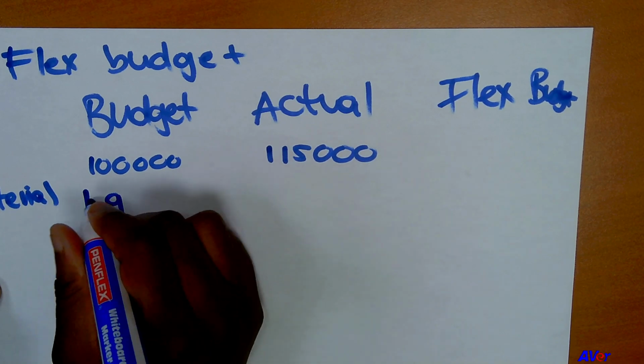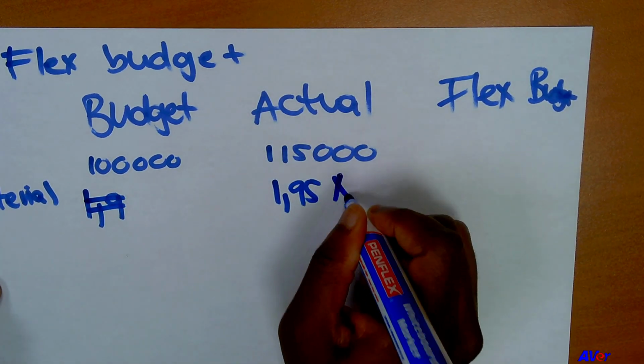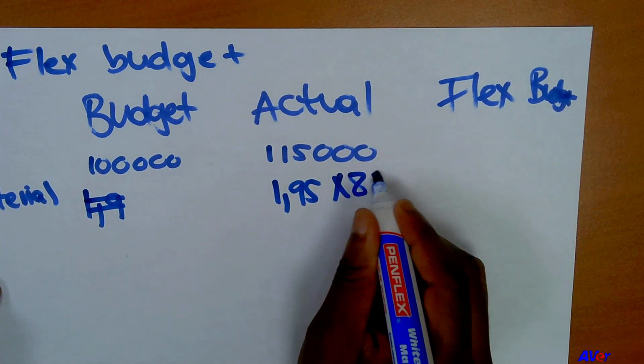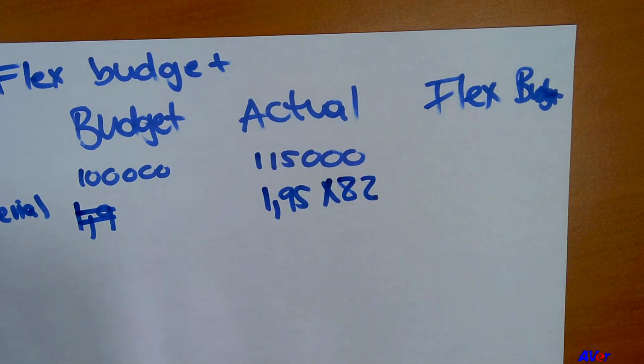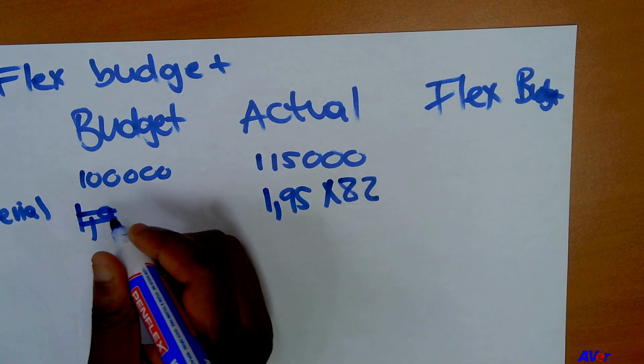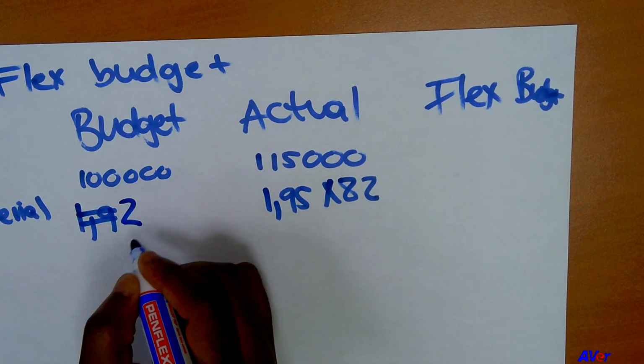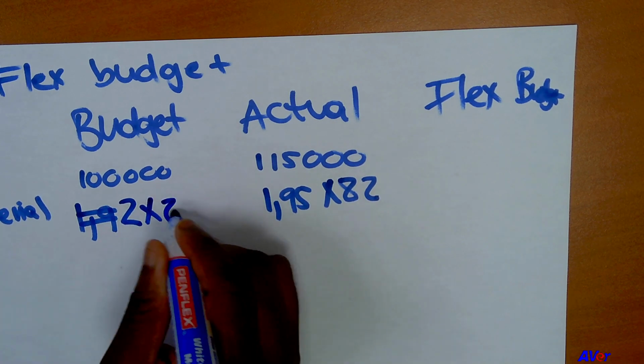Sorry, this 1.95 kg was the actual, and then the actual price was the 82. So I'm saying I've actually made 115,000 units, and my price is 82. And you're saying, well, we budgeted to make 100,000 units, and then it was going to be 2 kg per unit multiplied by the 80 rands.